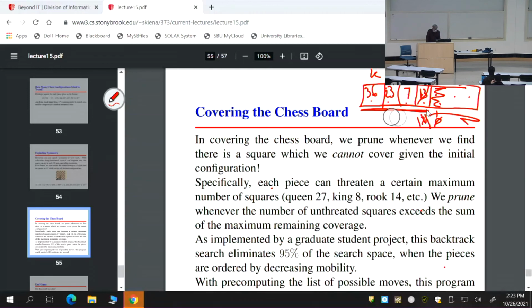If I have a partial solution, how can I prove that there's no way it will lead to a full solution? Can anybody think of a way? Let's go back to this example over here.